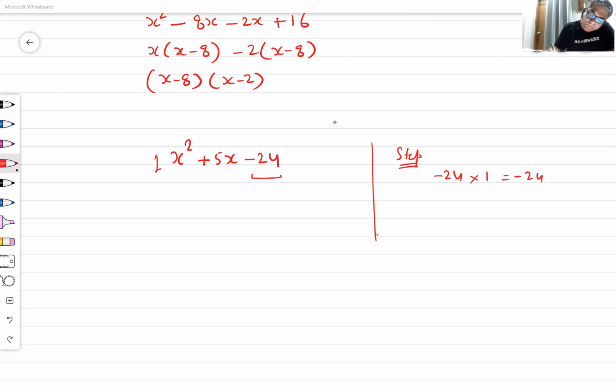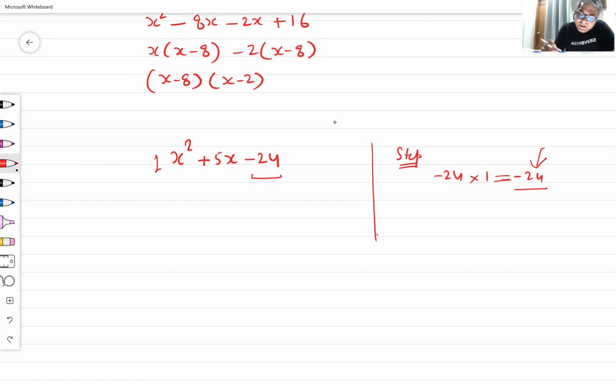Now, please be careful now. Minus 24. Okay. So whenever I am doing this, for the factors of minus 24, one factor would be negative and another would be positive, isn't it?